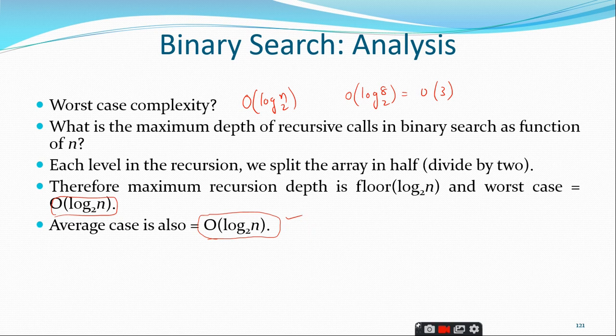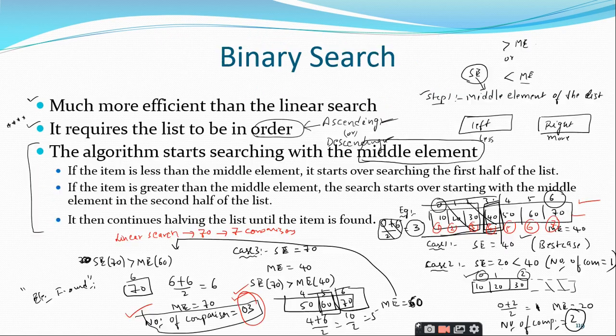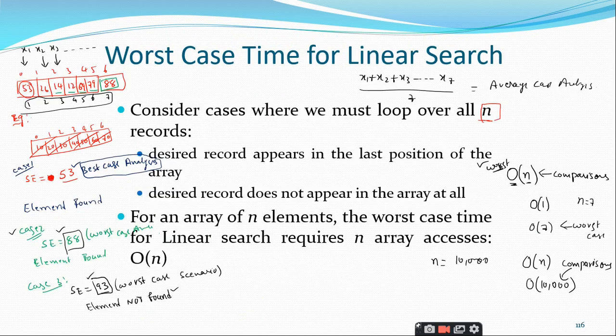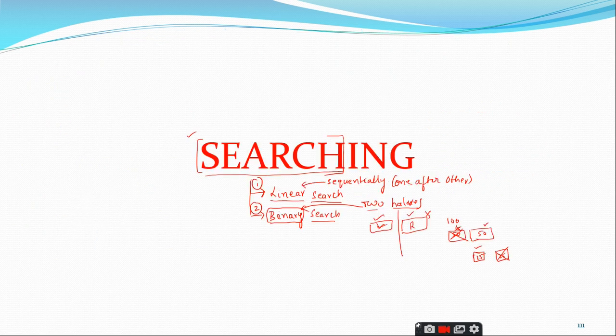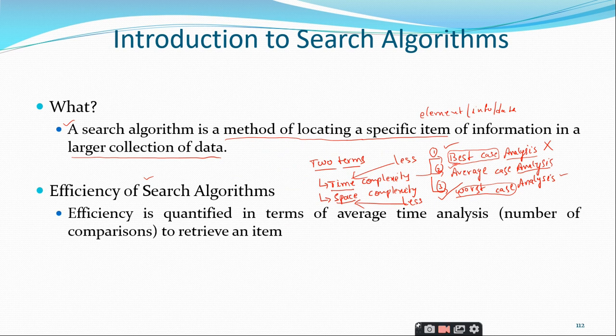So that's all on binary search. Let us have a quick recap of what we have discussed in today's session. We started our discussion with what a searching algorithm is, how many types of searching there are, and how we are going to calculate the efficiency of search algorithms. We have seen the two parameters used to find the efficiency of an algorithm: time complexity and space complexity.